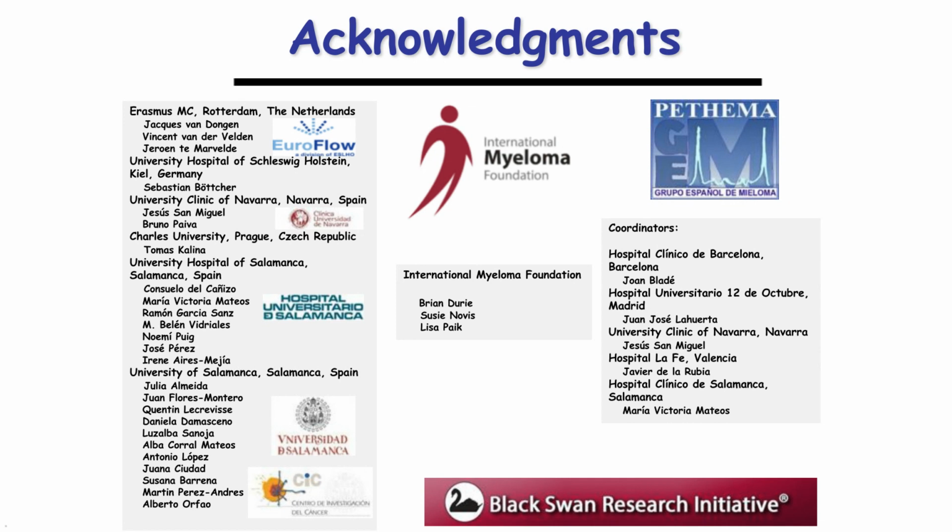How do you deal with non-secretory multiple myeloma that does not express CD56 or CD117? Well, thank you for that question. We must keep in mind that CD56 and CD117 are not the only aberrant markers that are present in the combination.